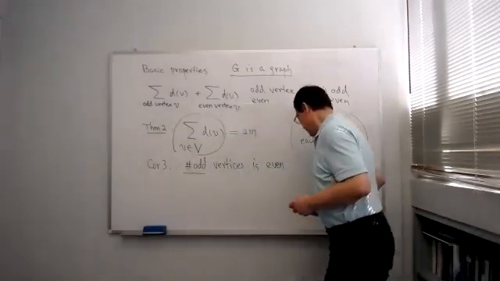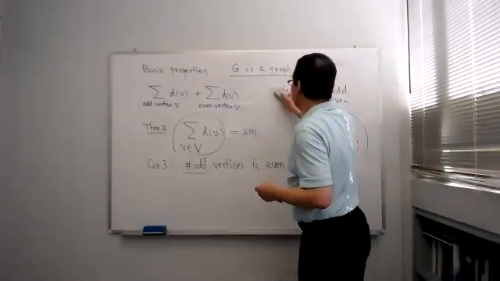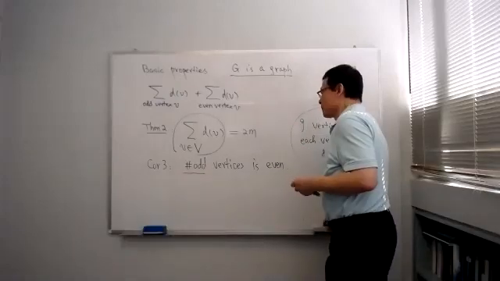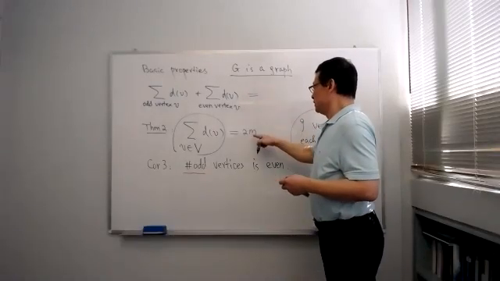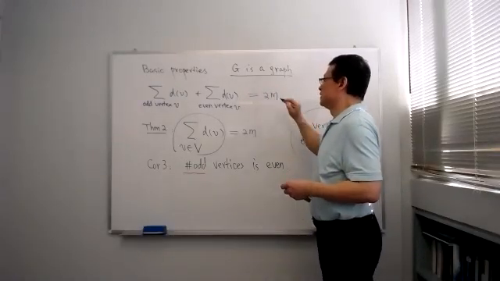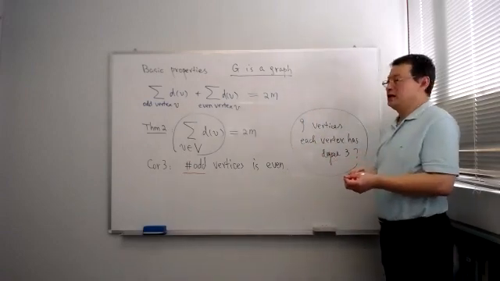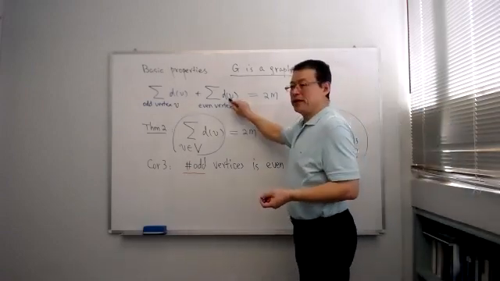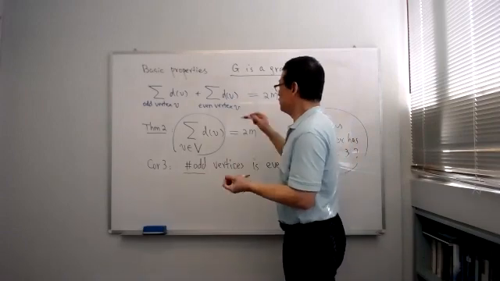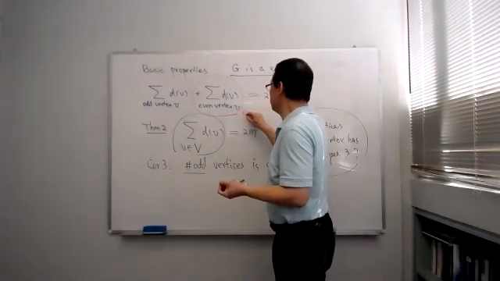All right. Now, by this theorem, the summation is even, equal to 2m. Now, every number in this even part is even, so this summation here is always even.